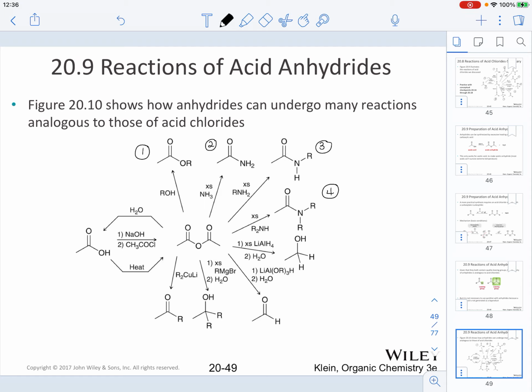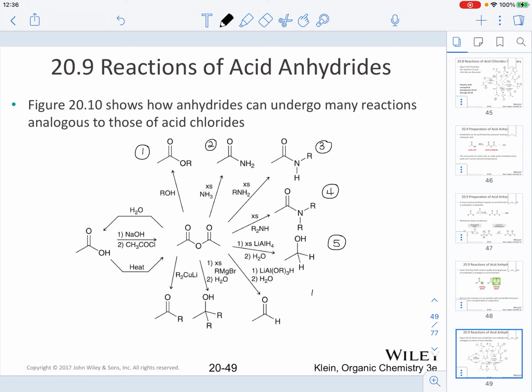And as we have substituted amines in reactions 3 and 4, we are going to create substituted amides specifically at the nitrogen. In reaction number 5, we have the reduction of an acid anhydride, and understand that when that happens, we are also going to be forming a primary alcohol.